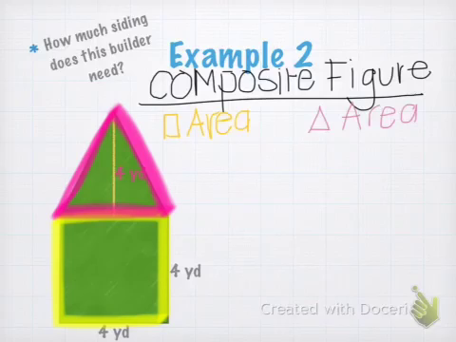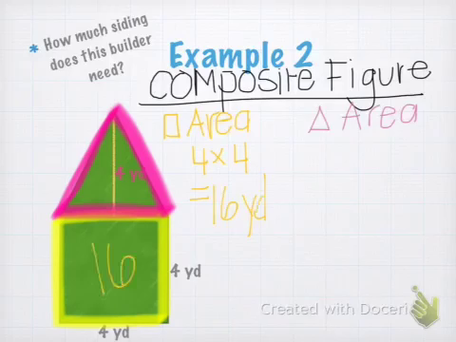We're just going to find our base times our height. So the length of our base is 4 yards for the square, and then the height of it is going to also be 4 yards because it's a square. So when we multiply that out, we end up getting 16 yards. So I'm going to go ahead and put my 16 down here. That is 16 square yards.